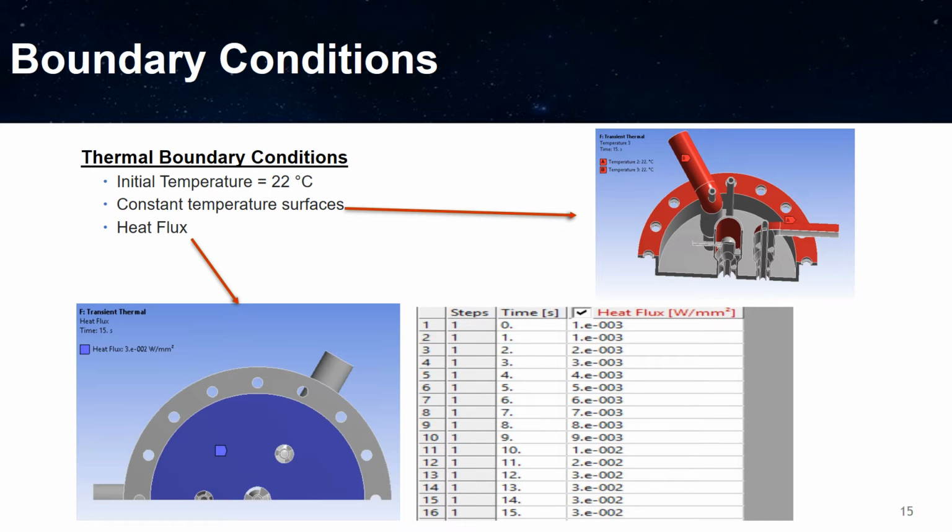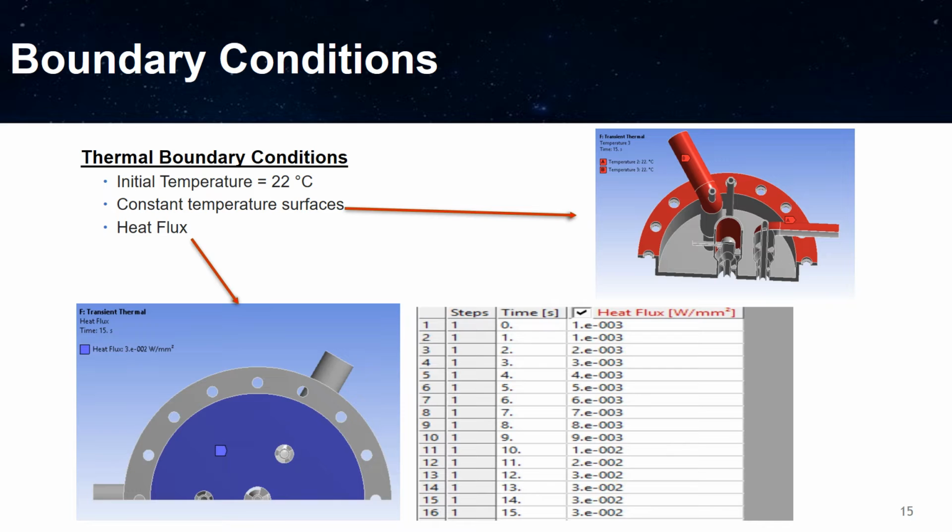So, the thermal boundary conditions. For thermal boundary conditions, we've decided the initial temperature to be atmospheric at 22 degrees Celsius. We've also assumed there are constant temperature surfaces that are going to be at 22 degrees Celsius. These are based on experimental results, because these lines are always operating on fuel or high pressure nitrogen during combustion, or high pressure argon.